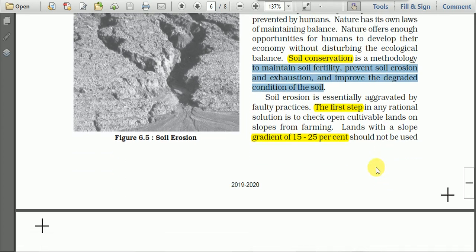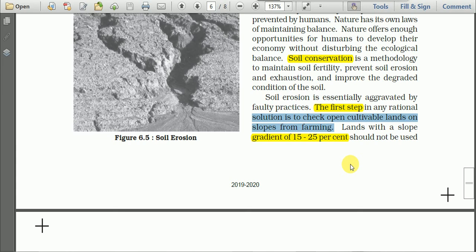Okay, so the first step in any rational solution to check soil erosion is to control open cultivation on sloping lands.